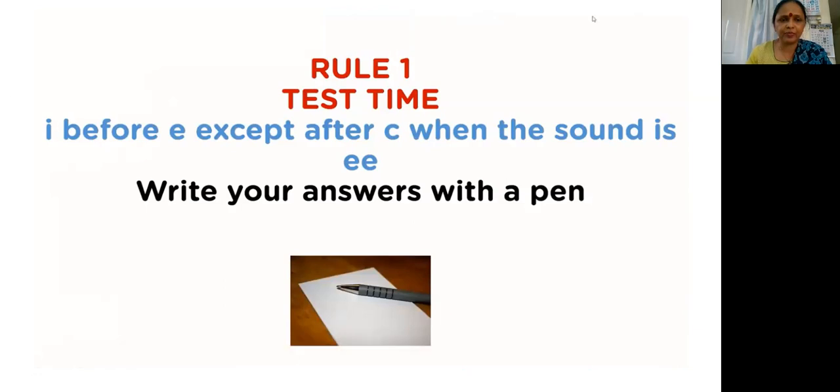I before E except after C when the sound is E. 1. Conceive. The robbers failed to conceive of a plan. Conceive. Receipt. Abdul kept the receipt from the shop. Receipt. Ceiling. They painted the ceiling last week.